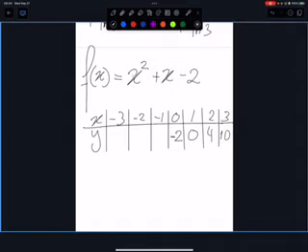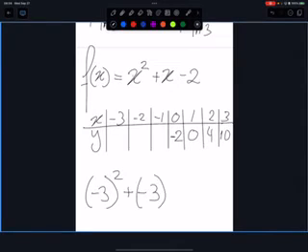So, when using this, when you have negative numbers, do not forget to use brackets. Quadratic equations, do not forget to use brackets.